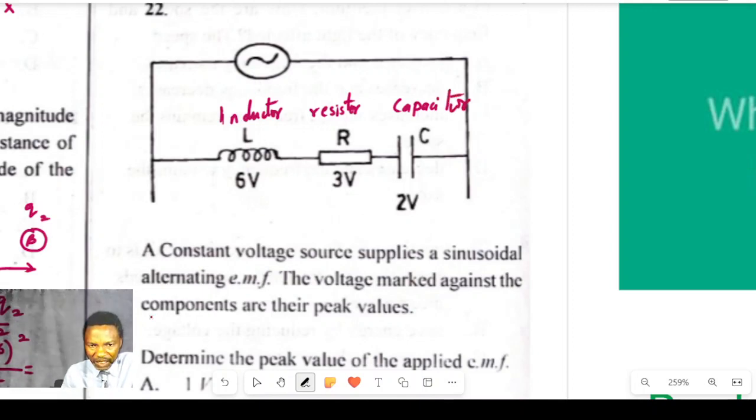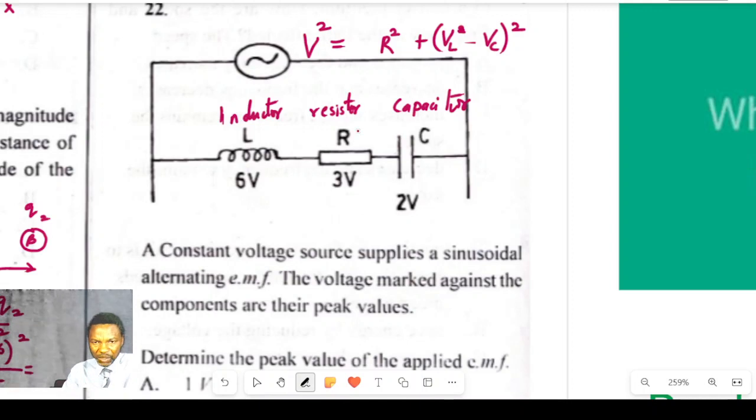Then determine the peak value of the EMF. The peak value of the EMF, so you have V is equal to the square root of R square plus VL minus VC all square.